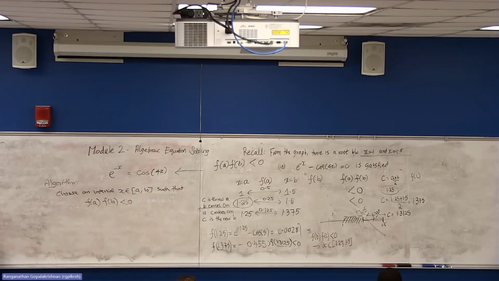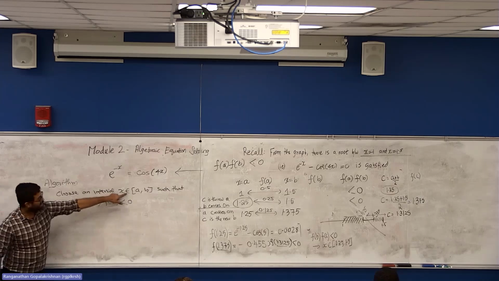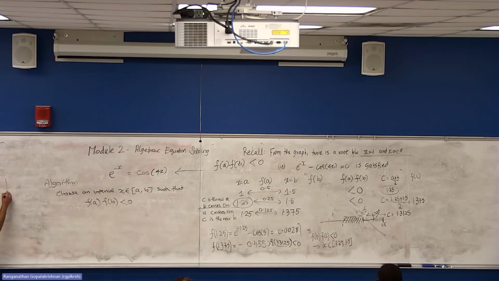That's how you pick your guess value. Suppose in the exam, I just tell you to solve this using the bisection method, but I don't give you a guess value and you start by violating this condition. You can't get any more points there because everything else you do later is going to be wrong. So this is the first step, where you have to start such that the root lies between A and B.